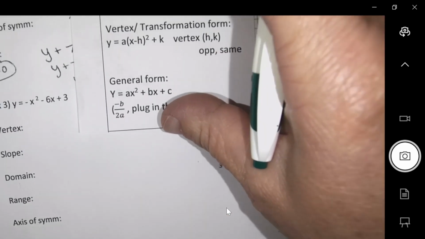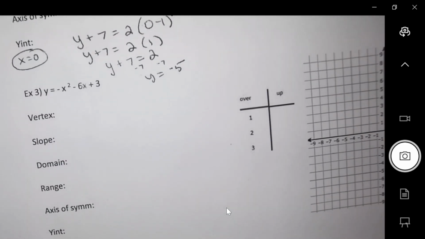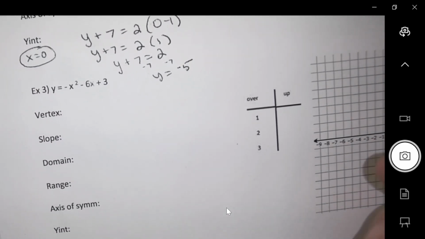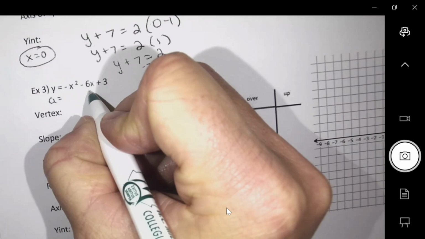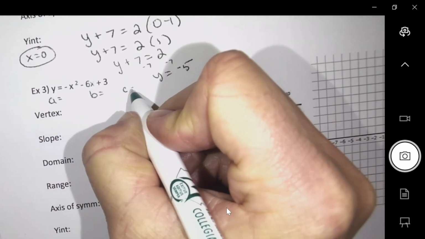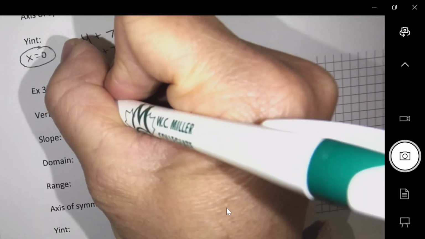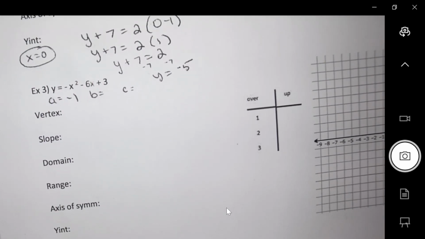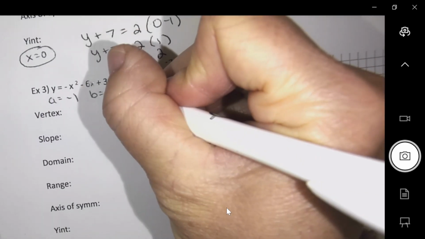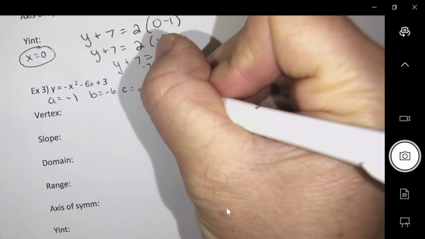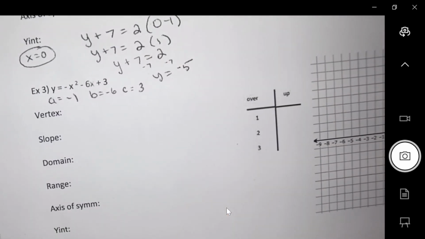Okay, so ready? The vertex. Actually, let's write down here, what's the a, what's the b, what's the c? So a is what number of x squareds do I have? -1. What number of x's do I have? -6. And then c is just a constant number.